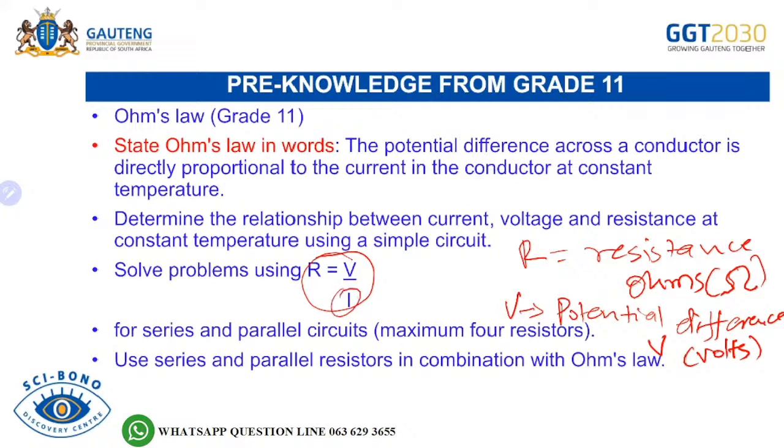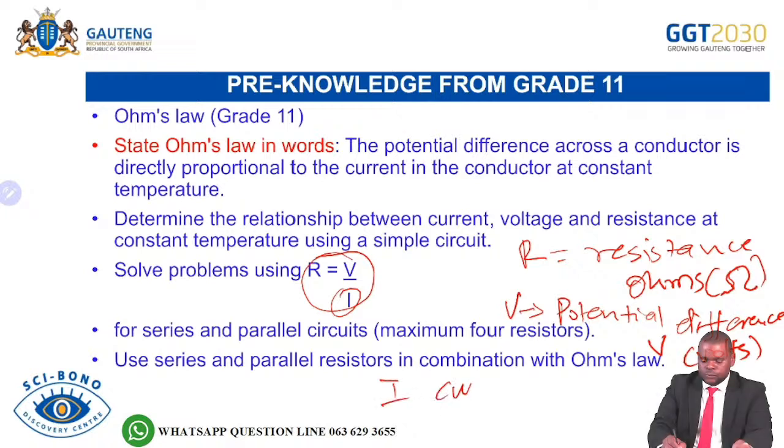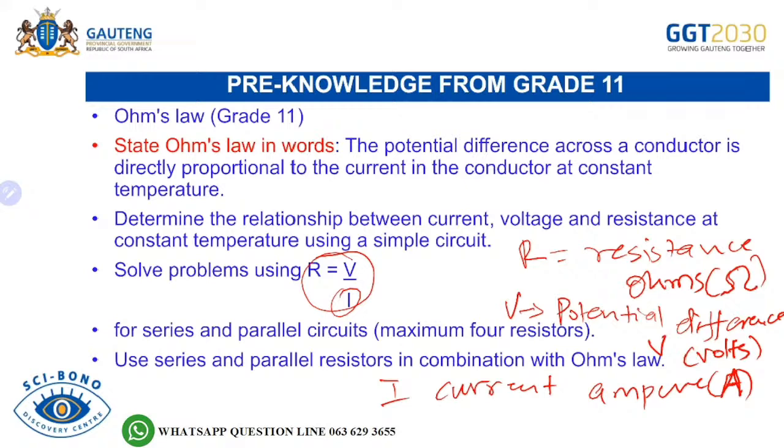Then I. I is current, and it is measured in amperes. The symbol for ampere is capital letter A. Remember, grade 12, don't confuse this A with the A that we used last week as an area. This is not an area, it's the symbol for measuring current. Are we together, grade 12?